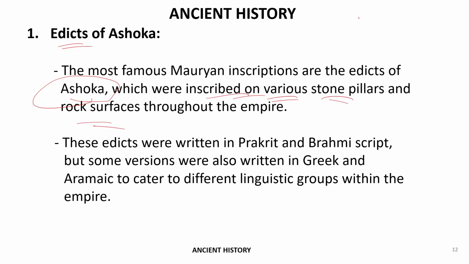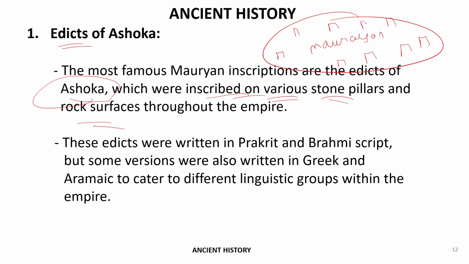Or you can say, if this is the Mauryan Empire, everywhere you will find the pillars and the walls having the teachings and writings of Ashoka the Great. Got it? So the question is, what was the need for these things? How did that all start?